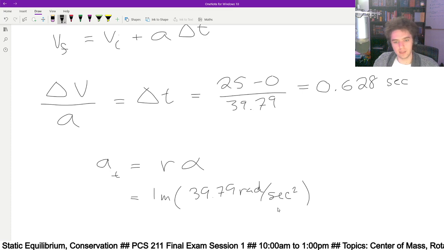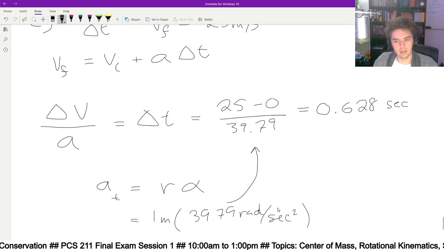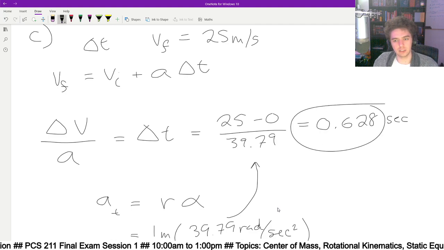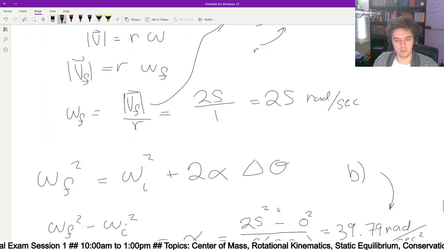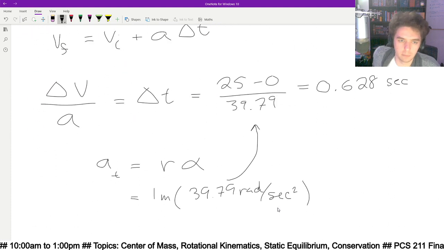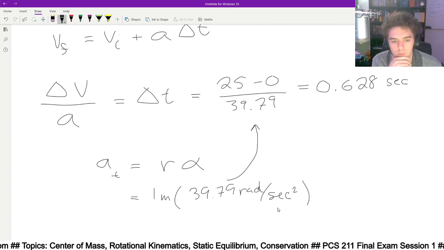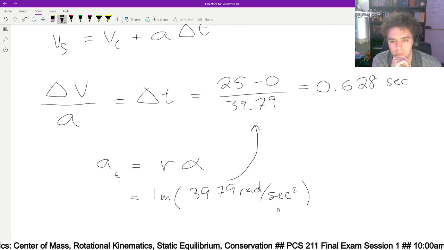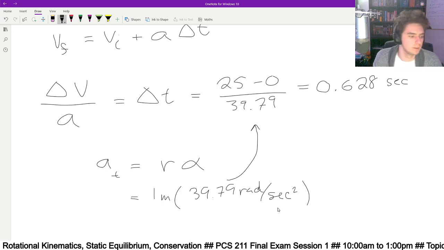That is the number I would put in here. The answer is the same, but only because r is 1. If the radius wasn't 1, the angular and linear quantities would be different numbers. Since r is 1, they're the same. So that's that.